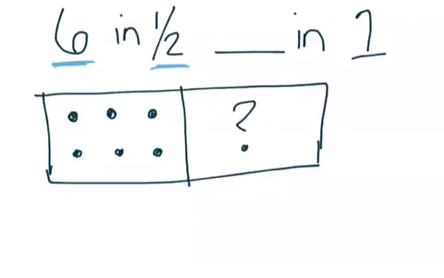So if I said there were 6 cookies in half of the container, and I wanted you to figure out how many cookies were in the entire container, that's what you're trying to solve with these problems. You're trying to figure out how many are in all, given only a certain fraction of the whole.